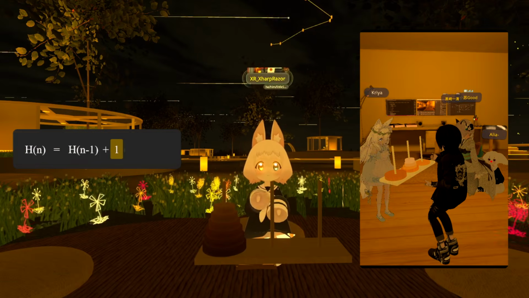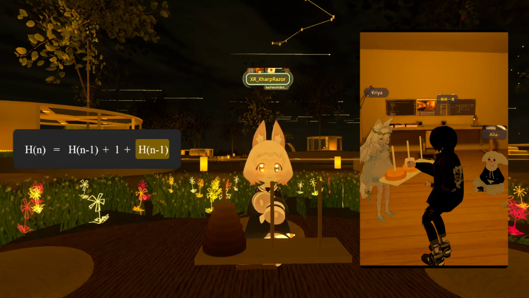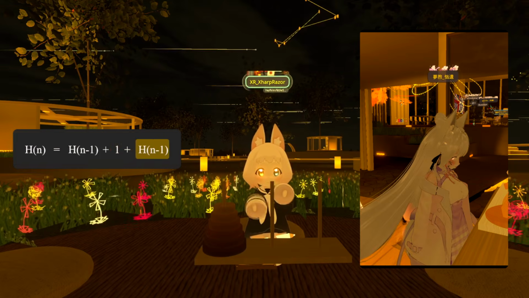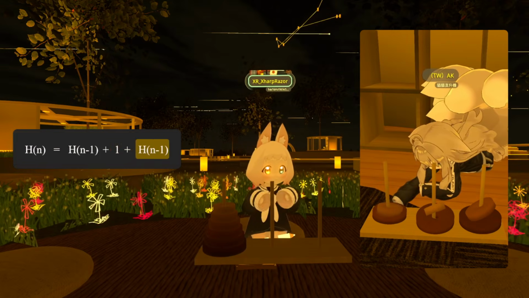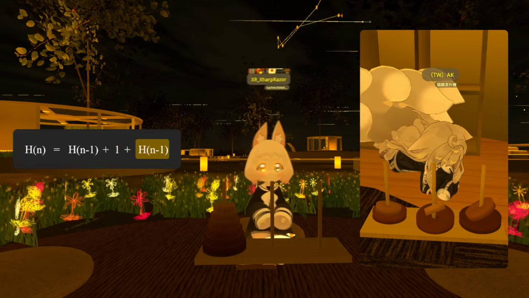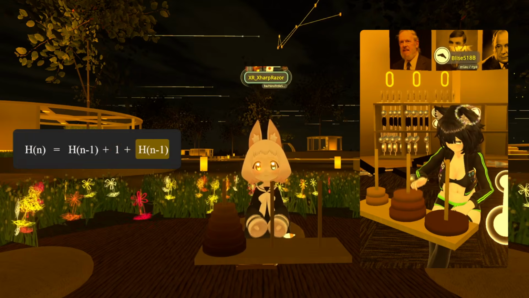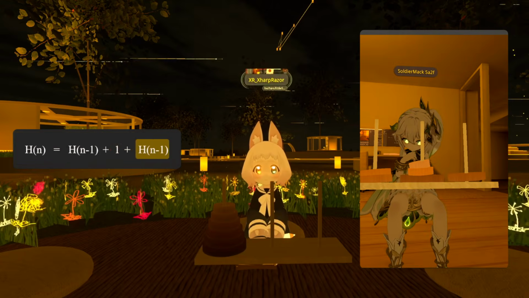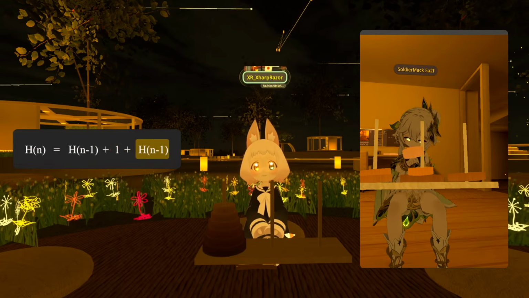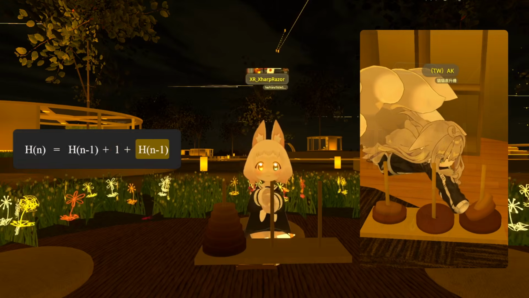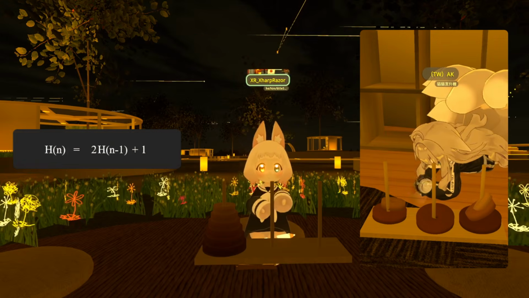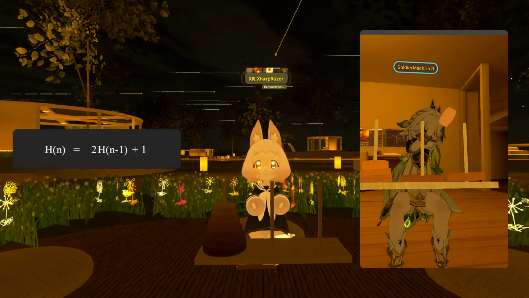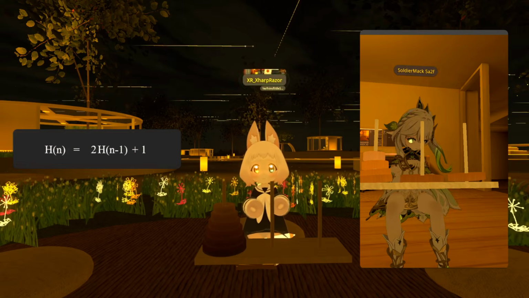We will use h of n minus 1 moves to move this pile from this rod to that one. So we have h of n is h of n minus 1 plus 1 plus h of n minus 1. Now rearrange this. Of course, we have 2 times h of n minus 1 plus 1. So that is the recursive relation that we can prove.